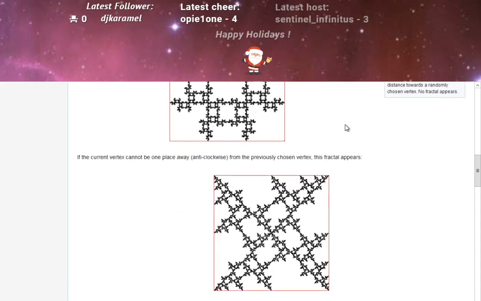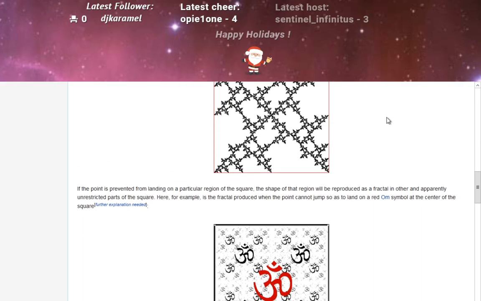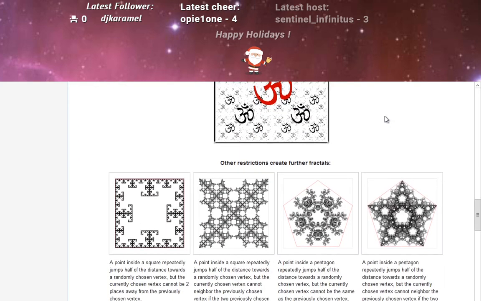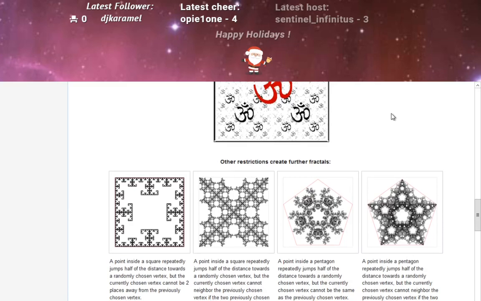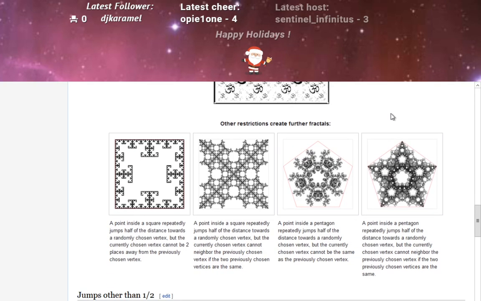This is the chaos game, huh? I don't think I've ever seen this before. For example, a point inside a square repeatedly jumps half the distance towards a randomly chosen vertex.